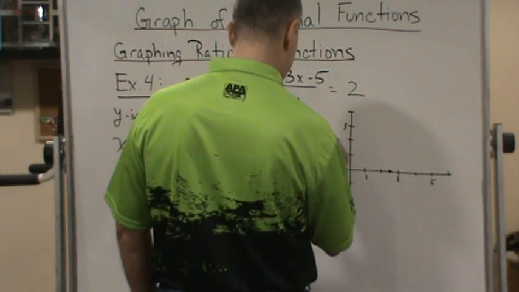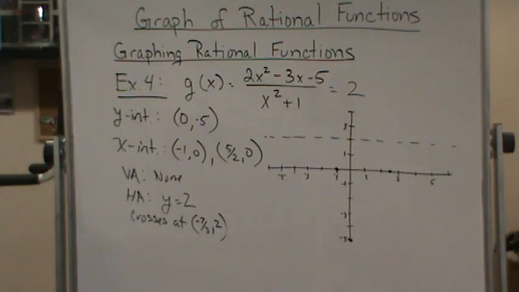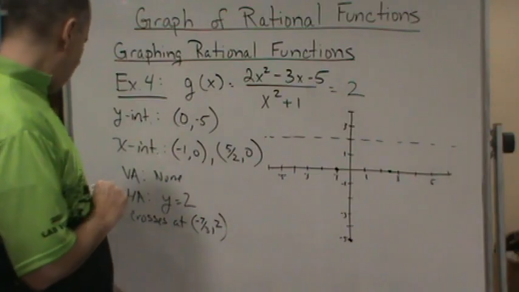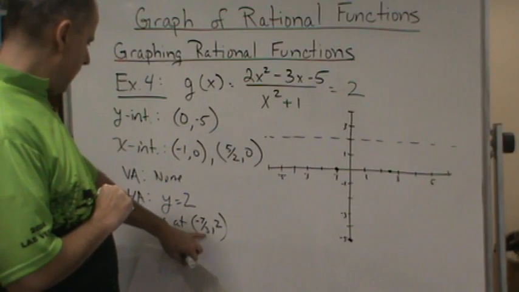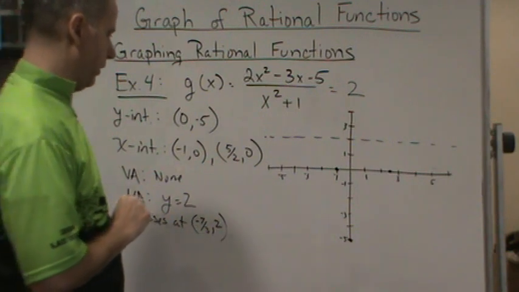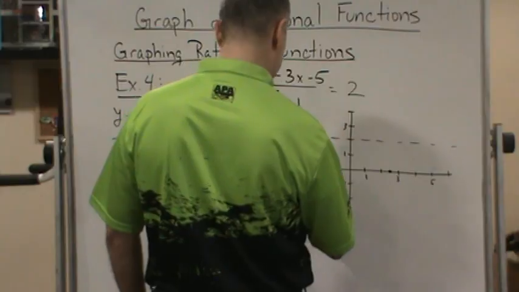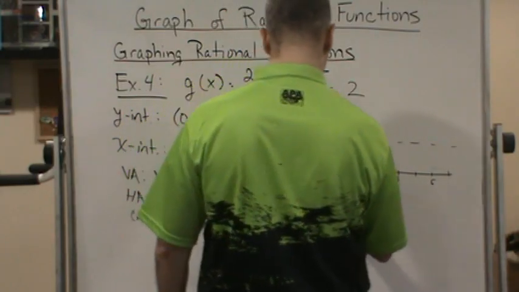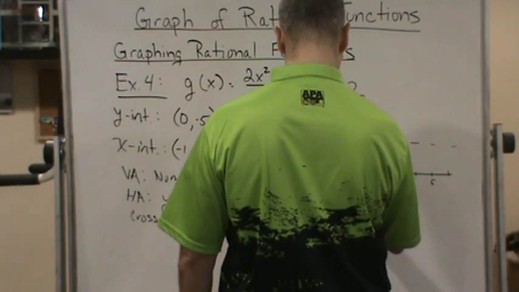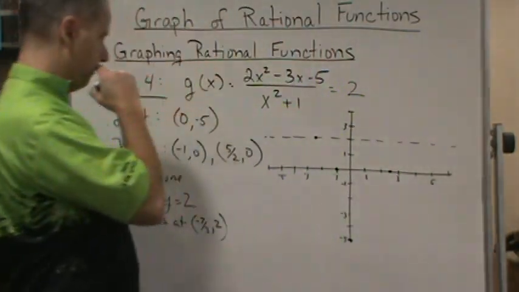So that's going to be right here. And it crosses at negative 7/3, so negative 2 1/3. It's going to cross right about there.